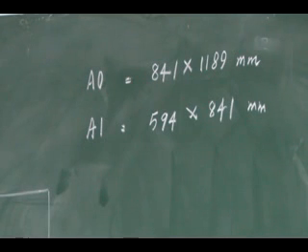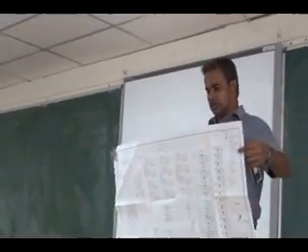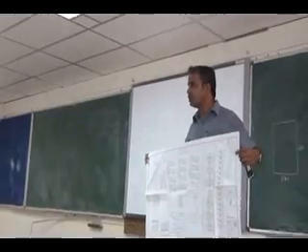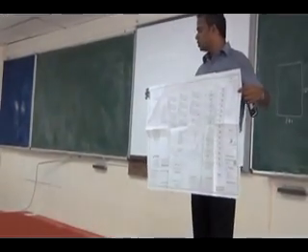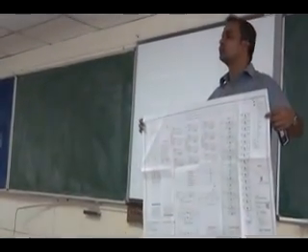I have some real drawings. In this drawing you can see this size is A1 size. This is a circuit drawing. Once you finish this course, you should be able to read this kind of drawing.